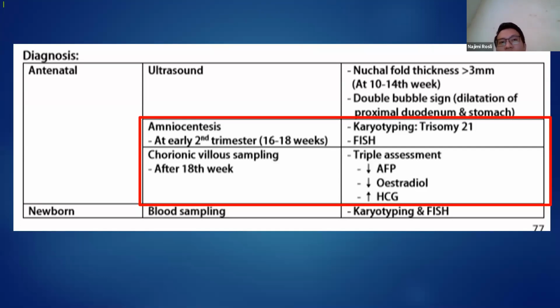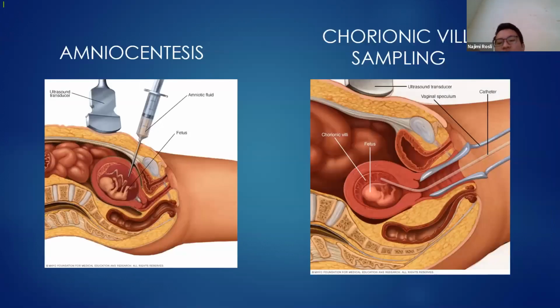And for chorionic villus sampling, we use a suction tube to remove part of the fetal cells from the chorion, where the placenta develops. Then from the sample, we make a karyotype to diagnose Down syndrome.